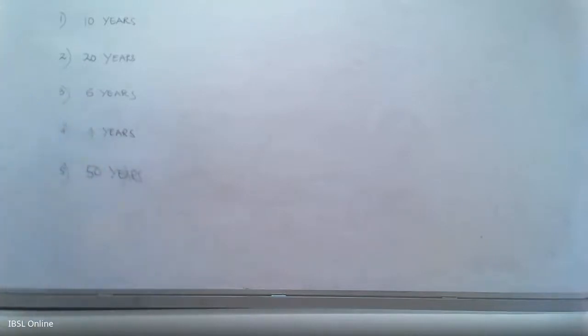I'll give you 2 minutes. If you can quickly calculate the depreciation rate for assets with the following useful lives. What are the useful lives? 10 years, 20 years, 6 years, 4 years, and 50 years. The last one is 50.